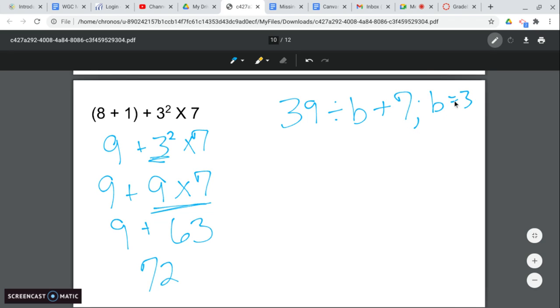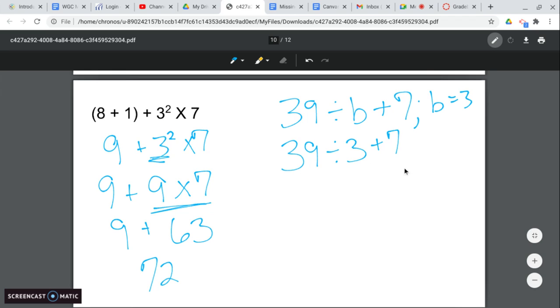Because we know B equals 3, we're going to come over to the actual problem and replace this B with the 3. So our problem is now 39 divided by 3 plus 7. Now that we have it substituted in, we're going to do our order of operations.